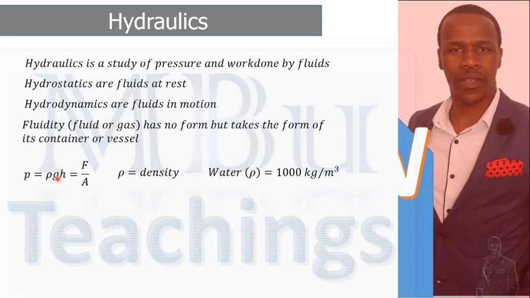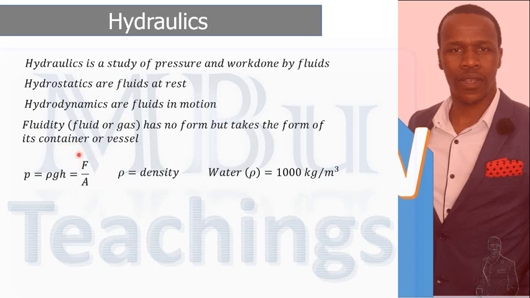Then we have g, the gravitational acceleration, which is 9.8 meters per second squared. We also have h, sometimes referred to as the pressure head, so obviously it is in meters. This formula we usually use when calculating pressures that deal with, maybe, the depth of a borehole or the height of the vessel that contains your fluid.